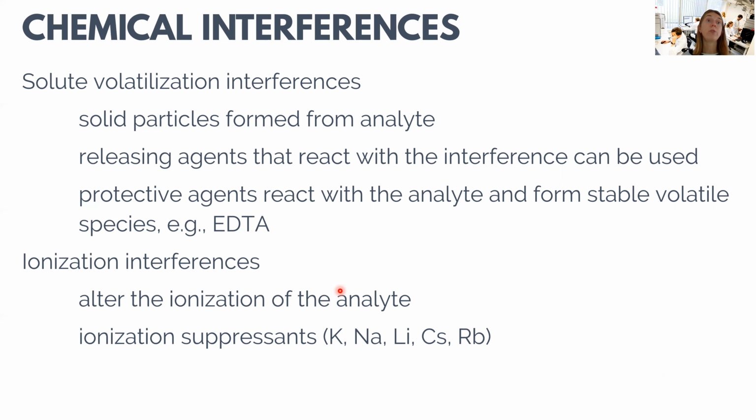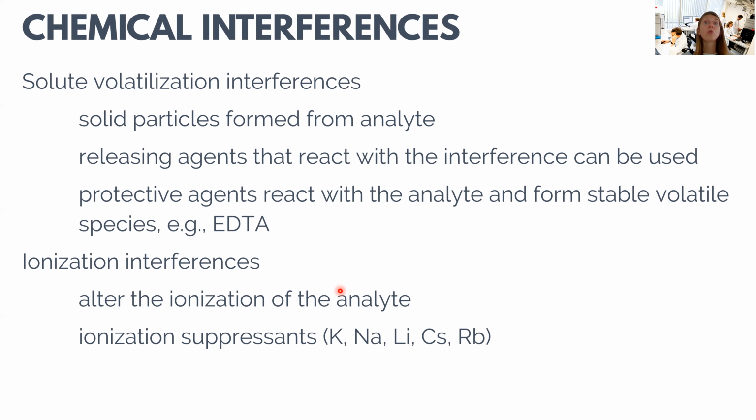So the ionization interferences are changing the ratio of the ionized atoms to the ground state atoms, and therefore also to the excited state atoms. And these are mostly ions that are themselves ionizing very easily, and therefore producing a higher concentration of electrons in our flame. So these are mostly alkali metals that can cause this kind of interference.